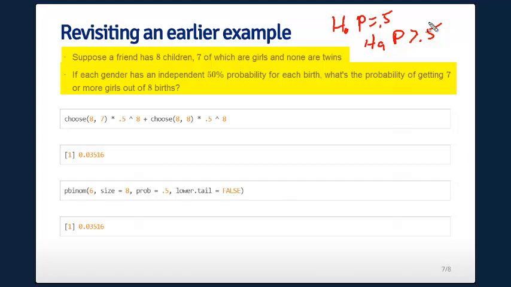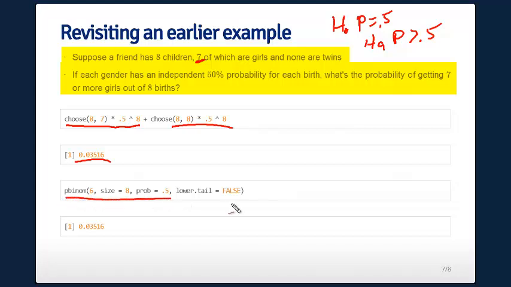More evidence would be more of the children being girls, and so the probability of getting 7 or more is the probability of 7 plus the probability of 8, which works out to be about 4%.